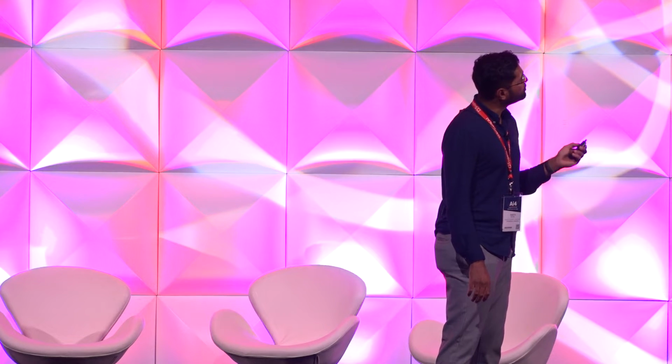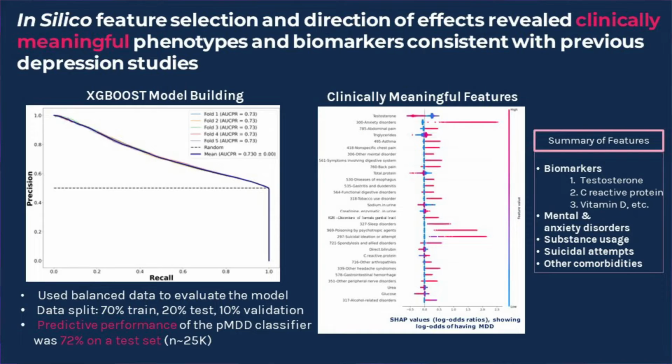All right. Next, I'll dive into some of the results, technical results. So for feature selection, we built a XGBoost model. We used the balanced data set to evaluate the model, as we know that there is a class imbalance here, 60,000 cases and 230,000 controls.